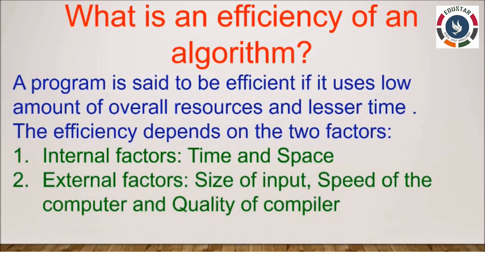That is efficiency. For example, what is good efficiency? If you are doing any program, it takes less time for compilation, correct? And then it displays the result very soon. If that happens, the program is a good program, that is an efficient program.